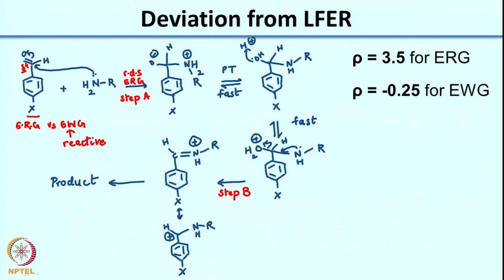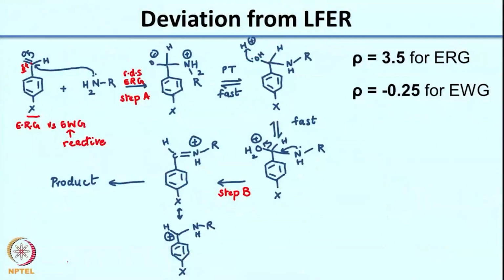Alright. So, now in this case, when you have an electron releasing group, it will stabilize this carbocation and the reaction will go quickly. Whereas, if you have an electron withdrawing group, it will destabilize this intermediate and the reaction will go slowly.